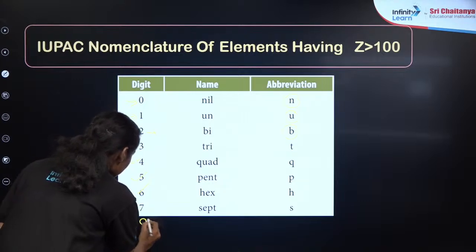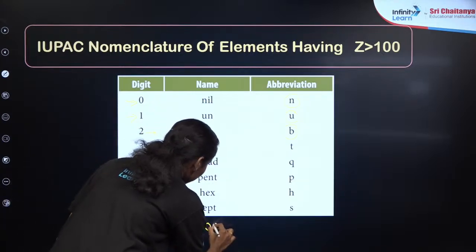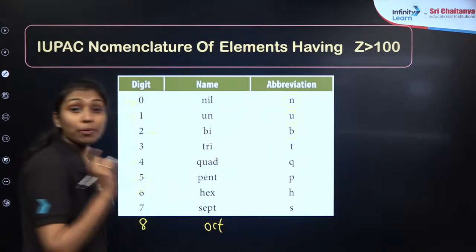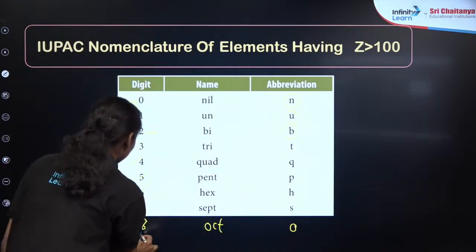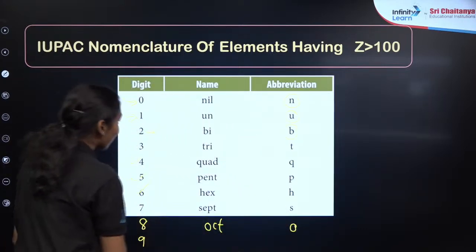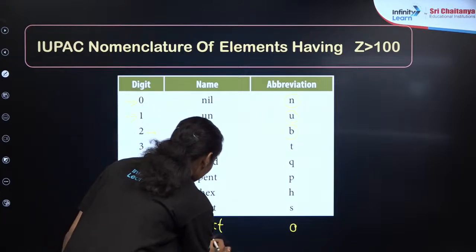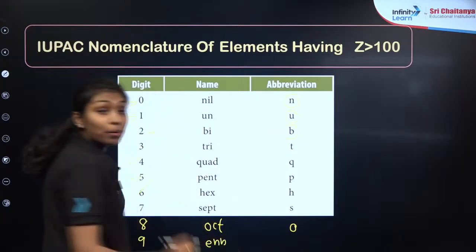For 8, oct, with abbreviation O. And the last digit, 9, has the name enn, E-double-N, with abbreviation E.